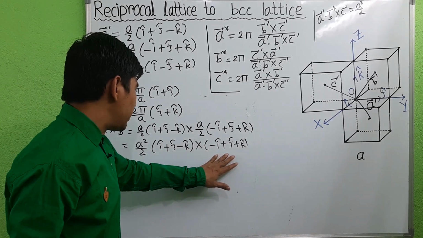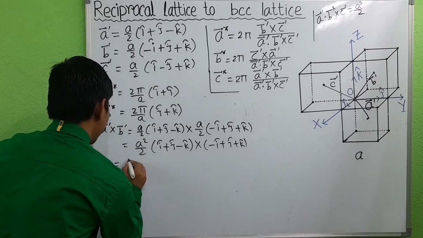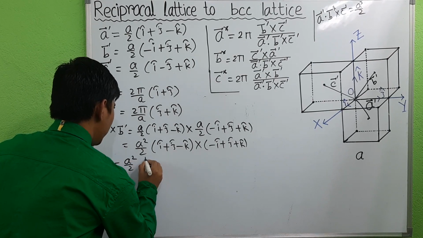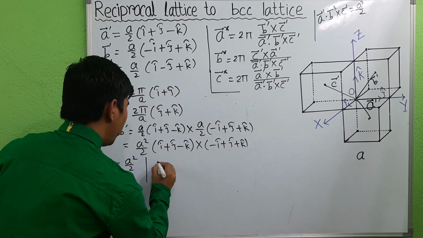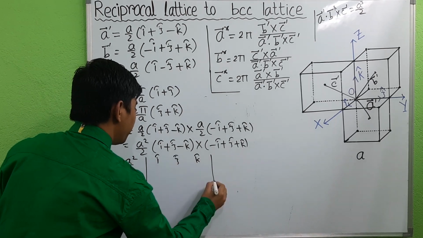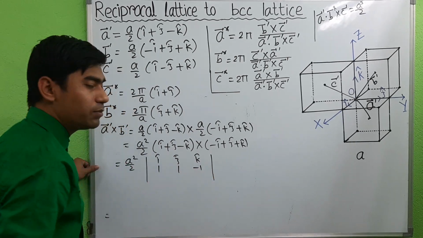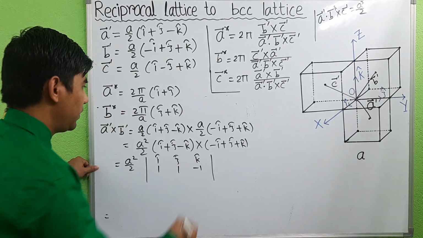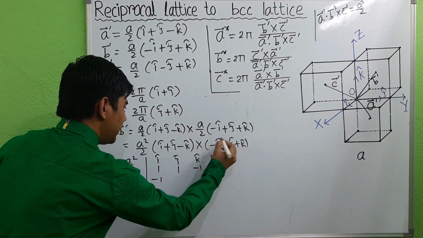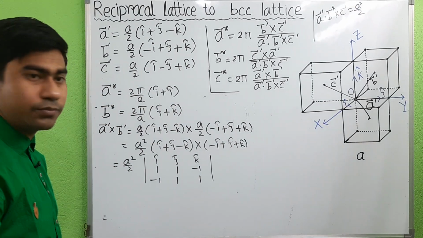Now we calculate this cross product. This is equal to a square by 2. We can write it in determinant form with i cap, j cap, k cap; +1, +1, -1; and -1, +1, +1.